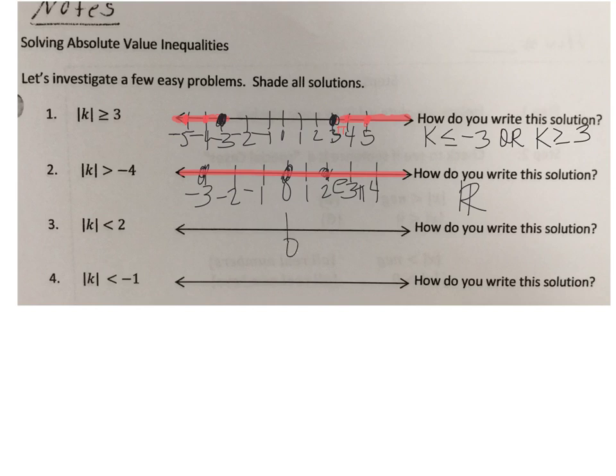We're looking for numbers whose absolute value, whose distance from 0, is less than 2 away from 0. So pick two numbers. Put them on your number line that have a distance from 0 less than 2.